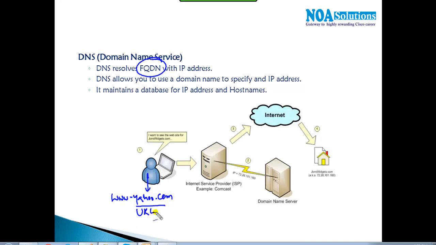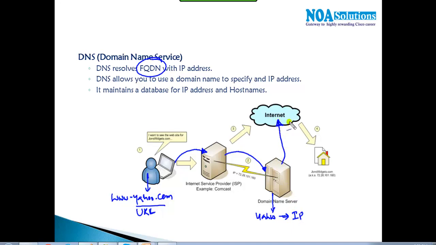This is our URL path, and the request goes to the nearest ISP, and the ISP maintains a DNS server. This DNS server will have a mapping of the Yahoo server and its IP address, and based on that it will forward the request to the internet.